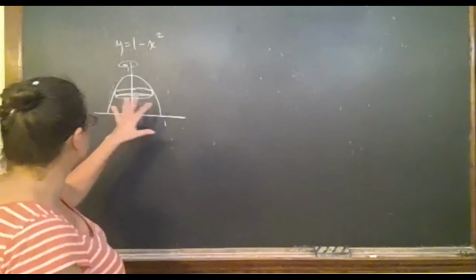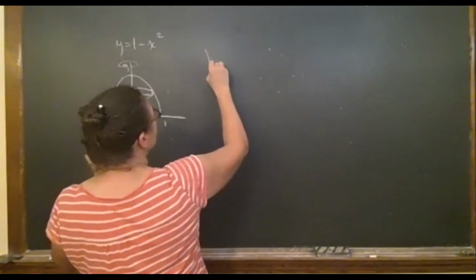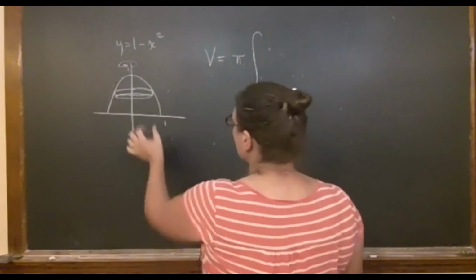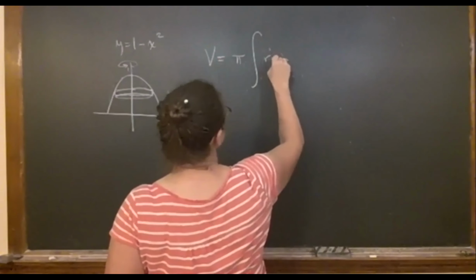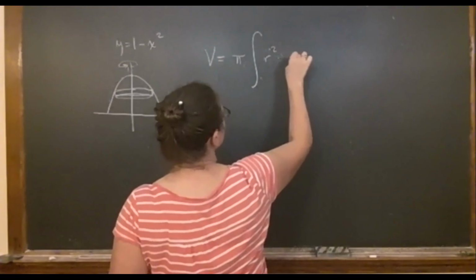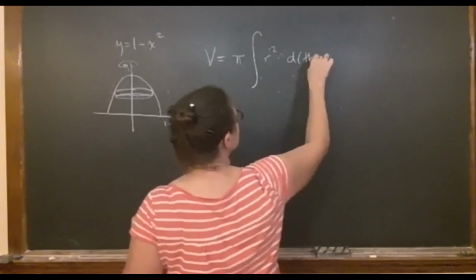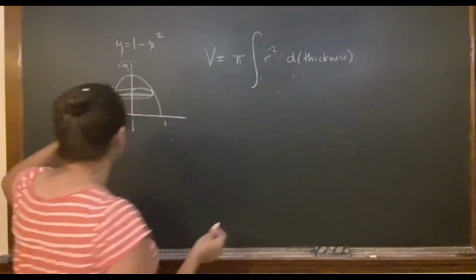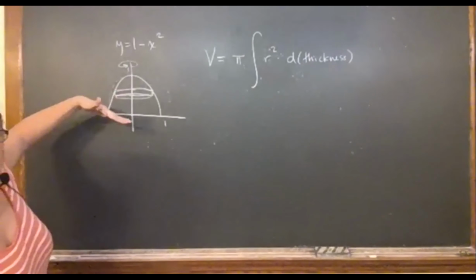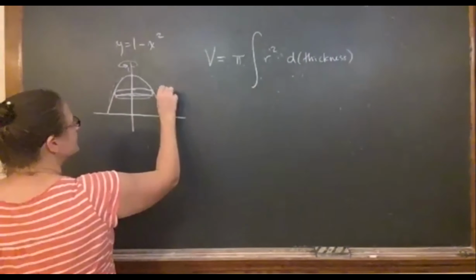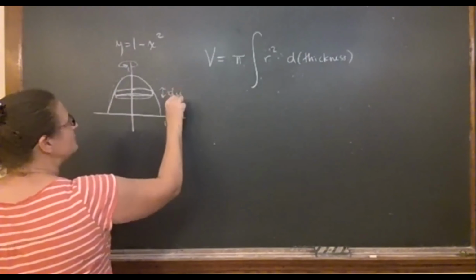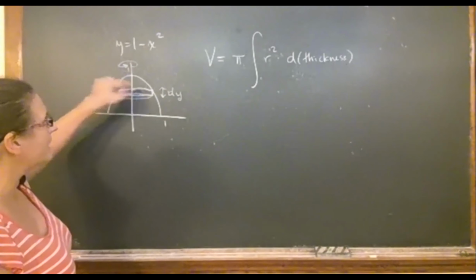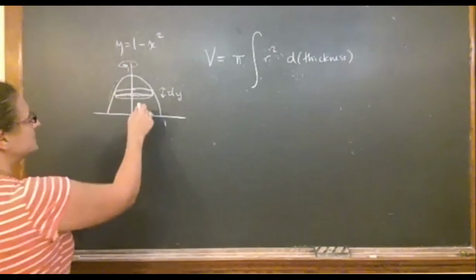Now the important thing is we're going to do the same thing. We're going to do volume. It's going to be pi times the radius squared times the thickness of the disk. But here, because the disk is facing this way, your thickness is going to be dy, which means I want my radius also to be in y.